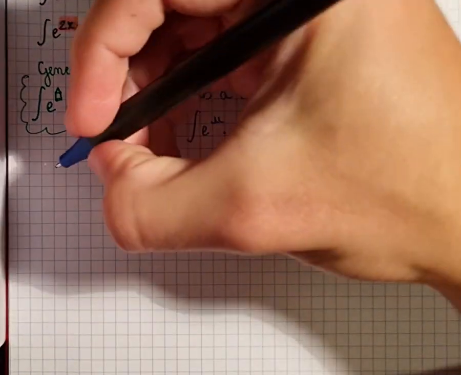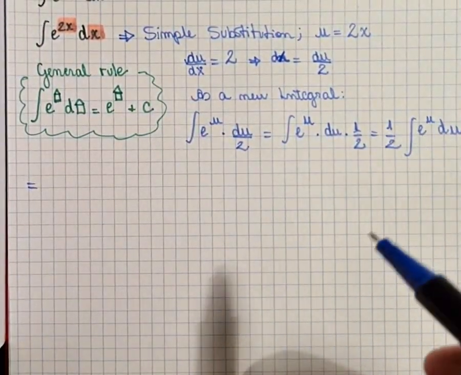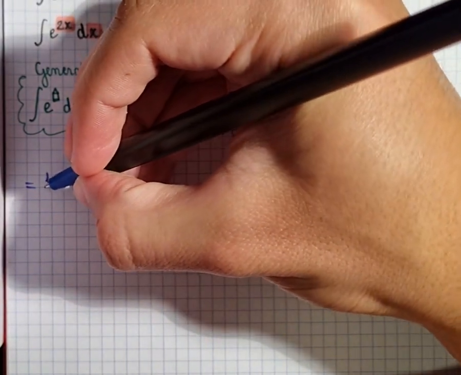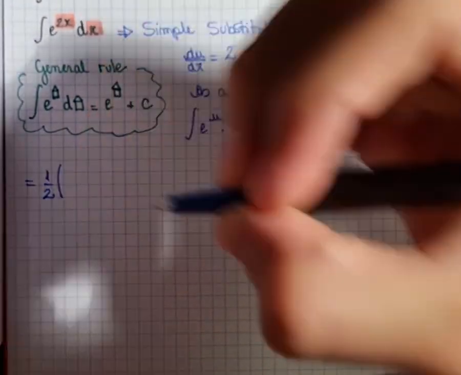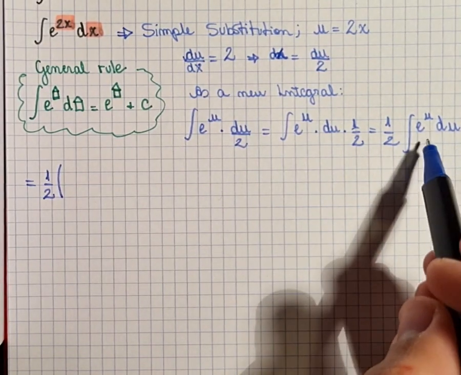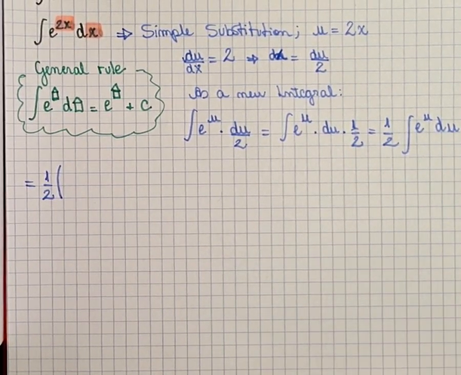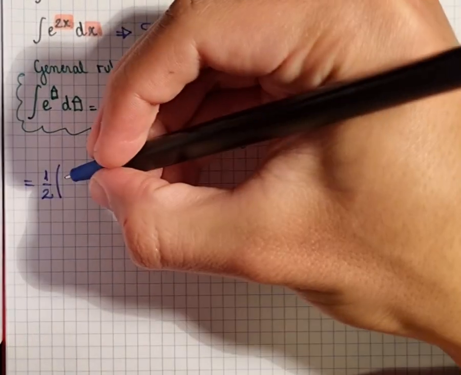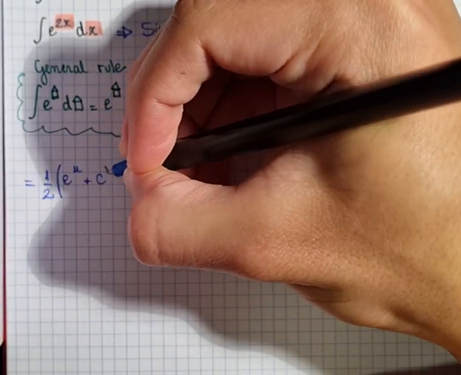So we have that this integral here is actually, we need to repeat this constant here. The integral of e elevated to the power of u du is nothing more than e elevated to u plus c.